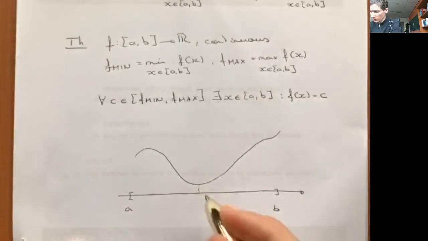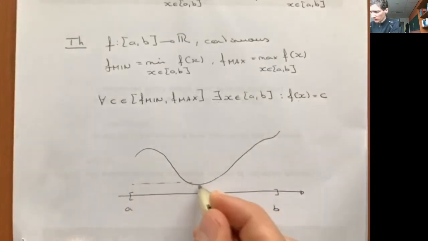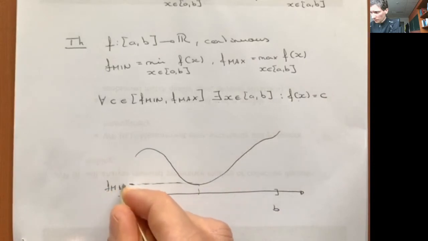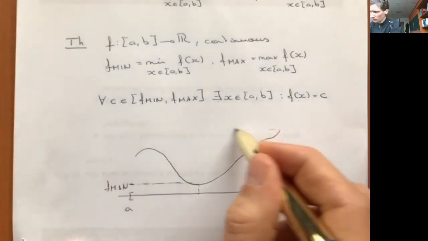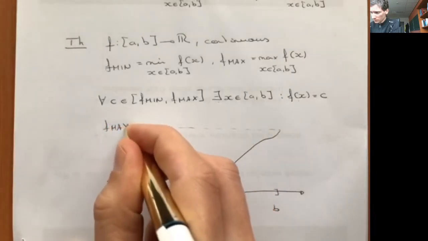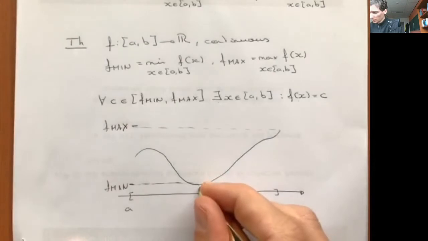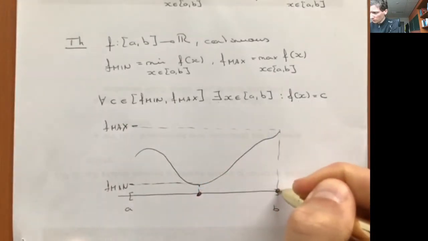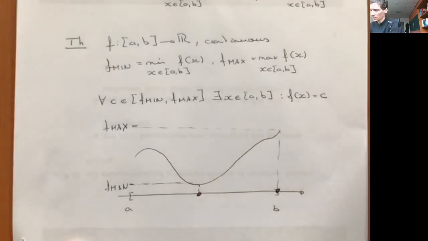Now here we have the minimum. The minimum and the maximum will be reached somewhere over here. So this is the point at which the minimum is reached, and this b here is the point at which the maximum is reached.